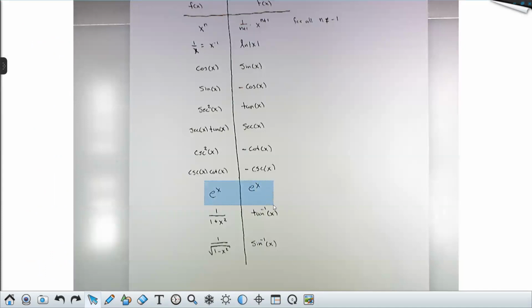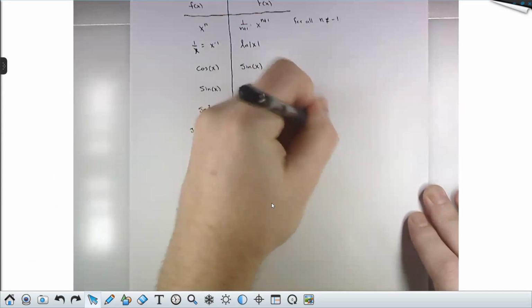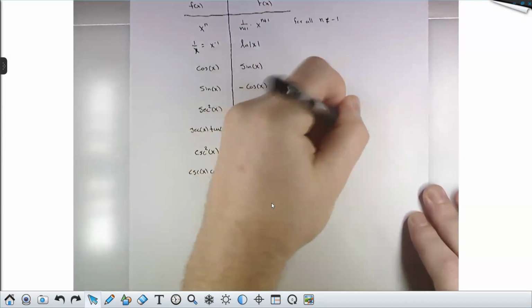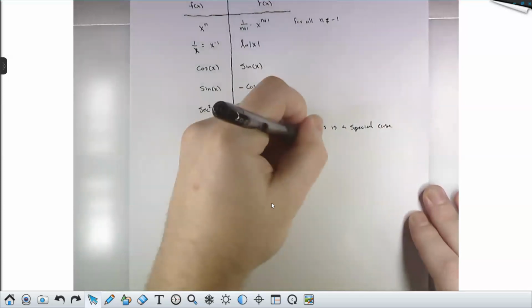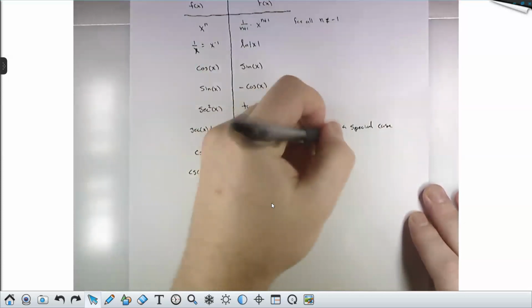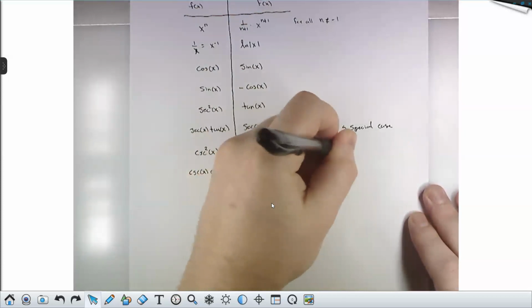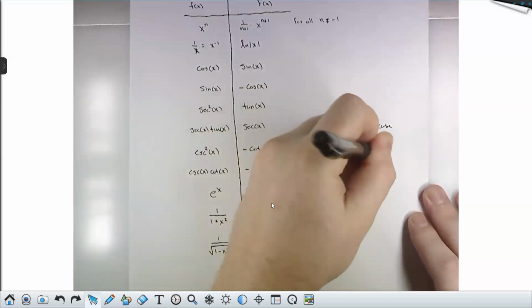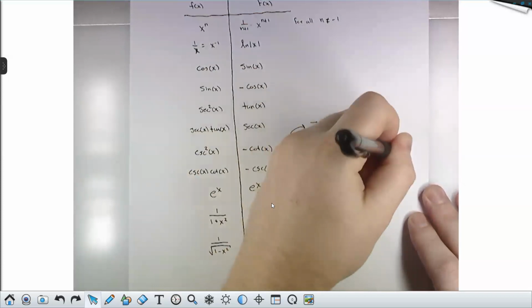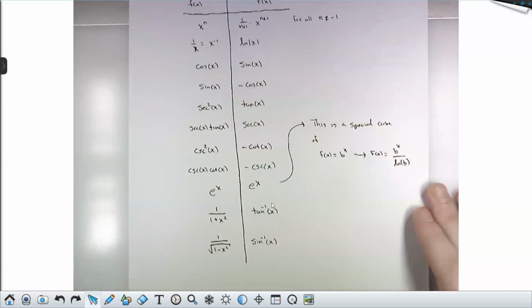While we're here talking about e to the x, it is worth mentioning this is a special case of little f equals b to the x and big F equals b to the x over the natural log of b.